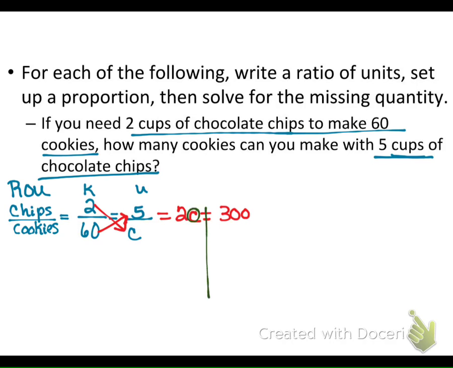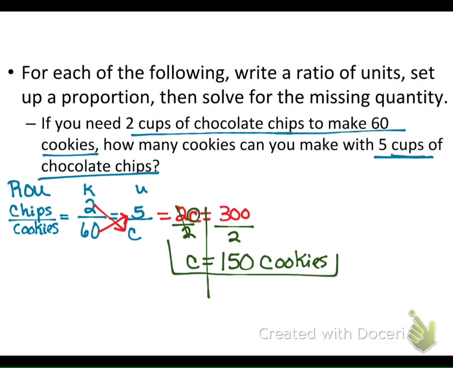Get the variable by itself. 300 divided by 2 equals 150. 150 what? What were we solving for? Cookies. So with 5 cups of chocolate chips, you can make 150 cookies. So this is the unit I'll be looking for on your quiz as well, to make sure that you're listing what we're trying to solve for.